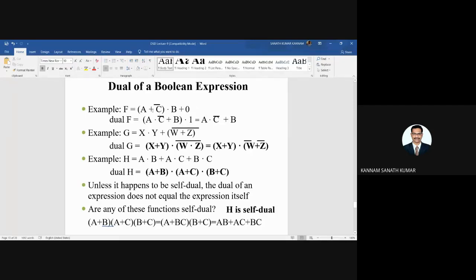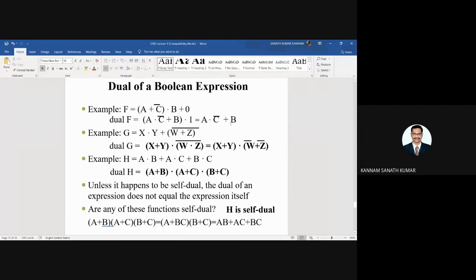The complements will not change. Only the AND operator, OR operator, zeros and ones will change. Whereas in De Morgan's law, the complements will also change. You need to be careful about De Morgan's law and the dual of the expression. So you can write this as A dot C bar plus B.